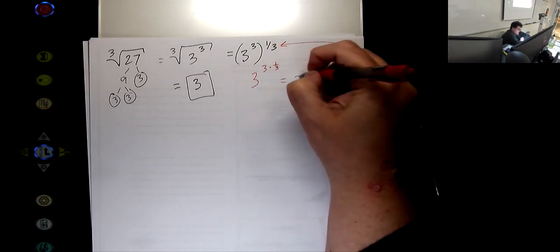So from that point, we can take the fractions or the exponents and multiply them. And 3 times 1/3 is 1. And we get that.